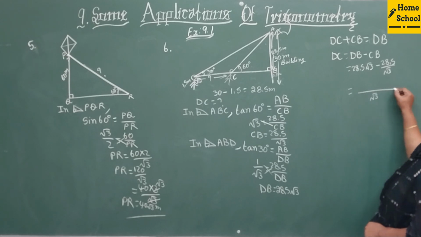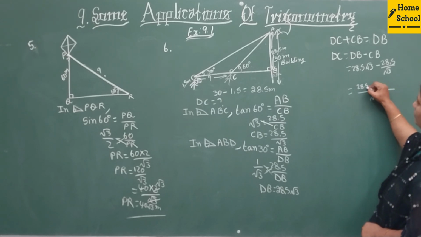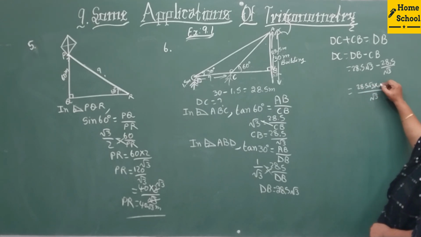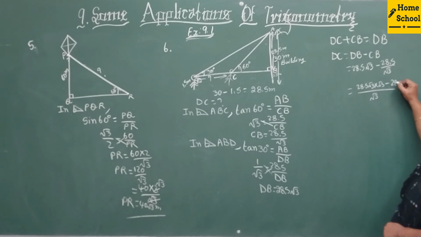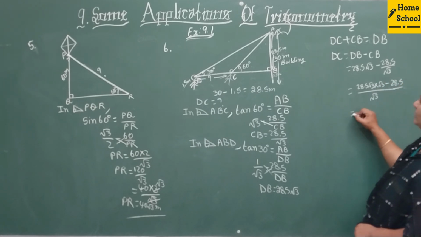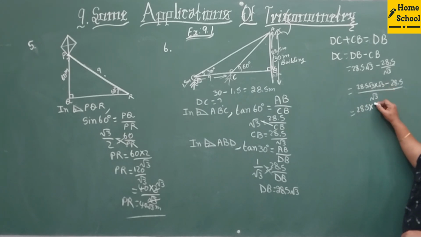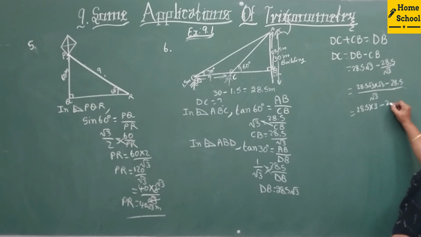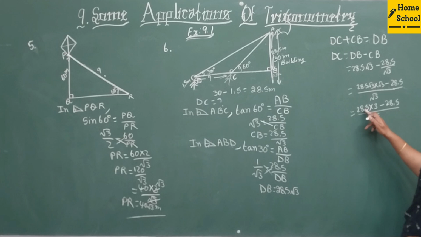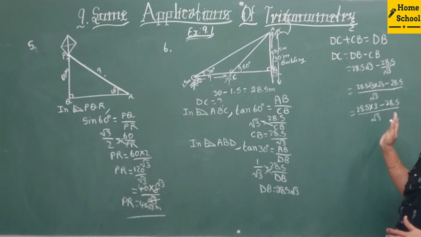Root 3. 28.5 root 3 into root 3 minus 28.5. 28.5 into root 3 times root 3 will be 3, minus 28.5 by root 3. Now observe in these two, 28.5 is common.